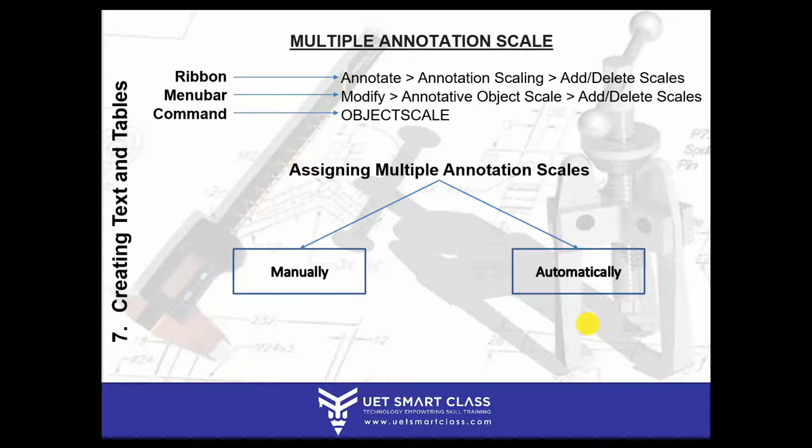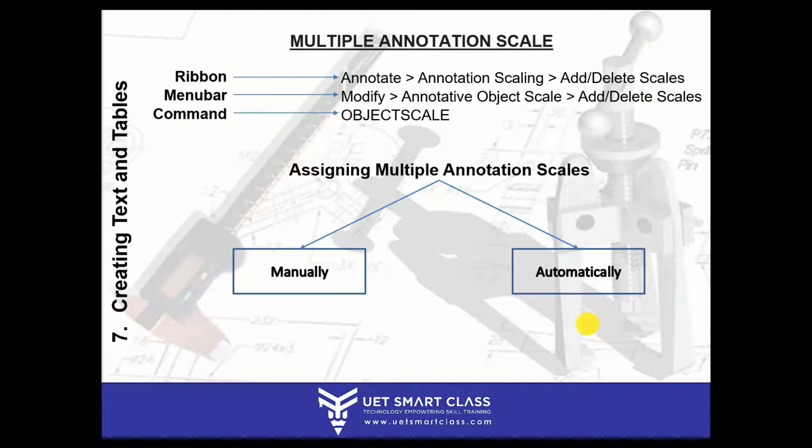If you were using paper space for printing, then the scale set in your paper space would be printed. Okay. Remember one thing: the model space annotation scale and the paper space annotation scales are totally independent. They're not like whatever you set in model space would be there in paper space.